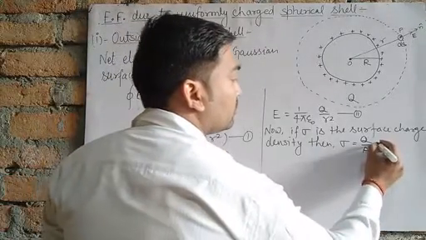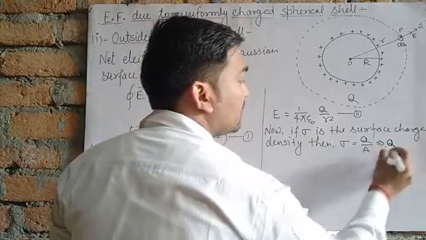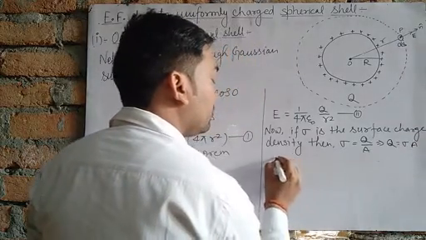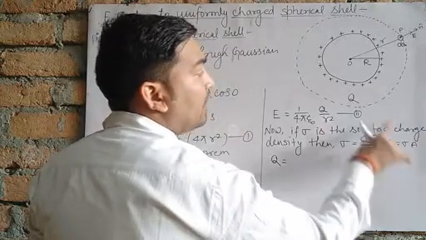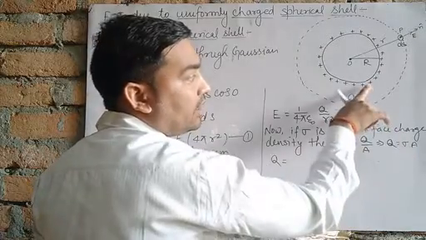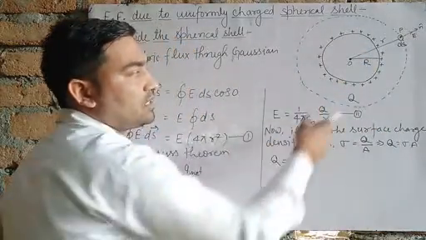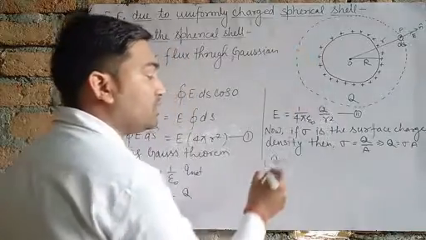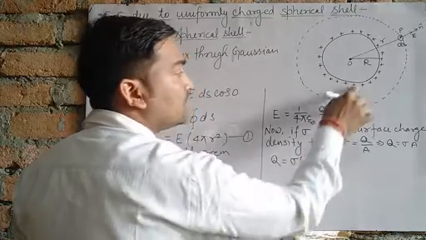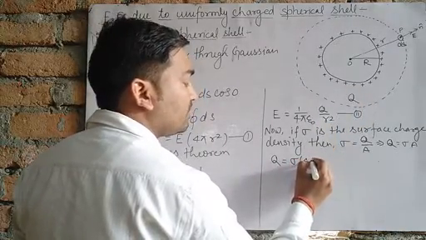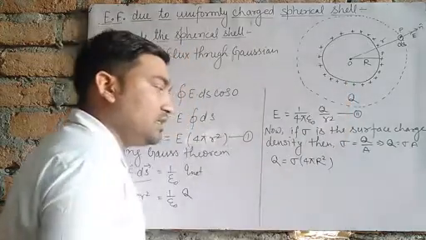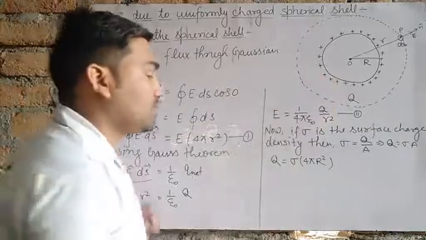This implies the total charge Q equals sigma into A, the area of the charged surface. This area is the area of the charged surface, because the charge resides on the given spherical shell. The area of the spherical surface is 4 pi capital R square, because the charge resides on the given surface.